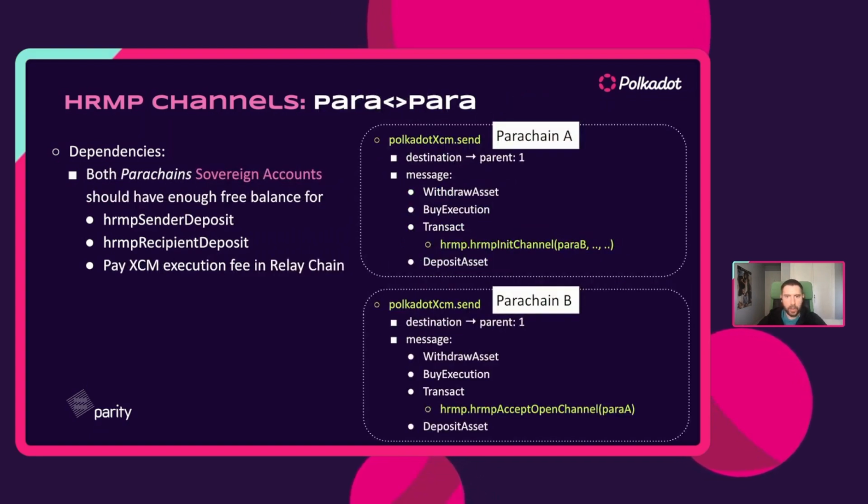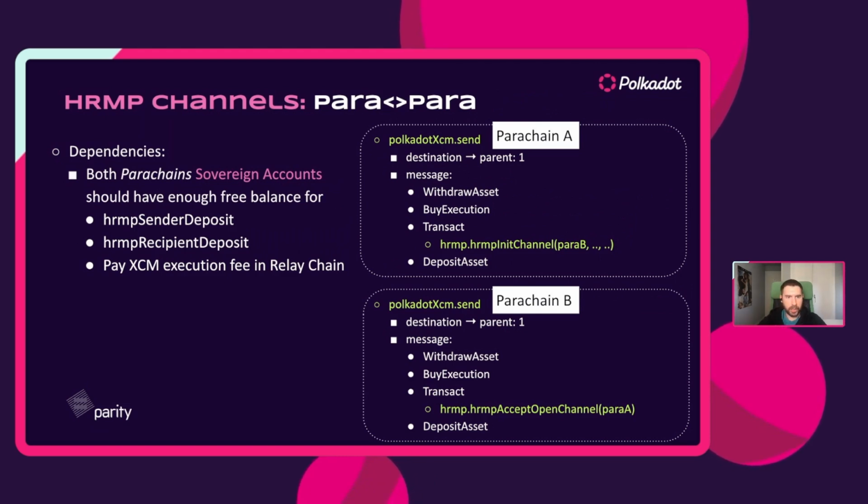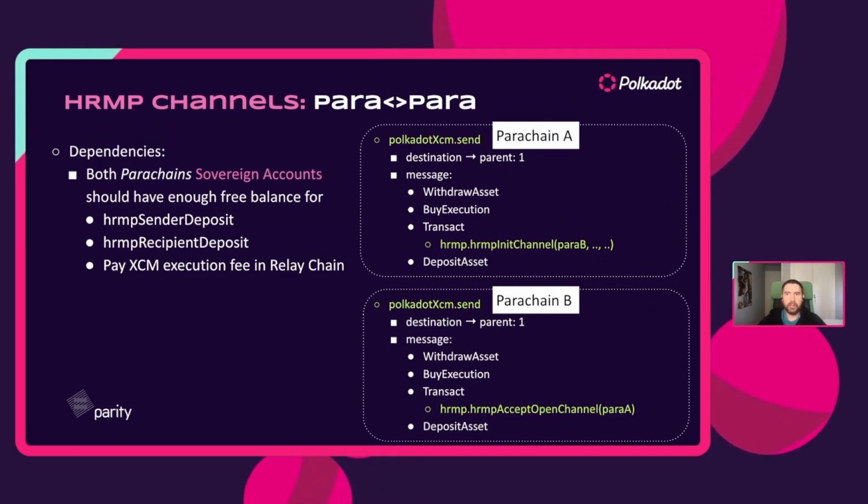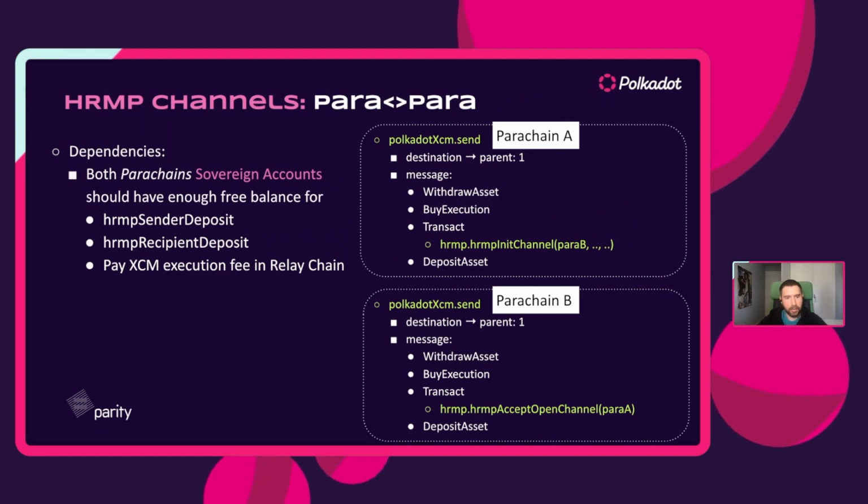And a closer look at the parachain to parachain message. Remember, this is a two-phase process. Same thing: both parachains need to have enough balance for the deposit, but they also need an extra balance to pay for the XCM execution in the relay chain.